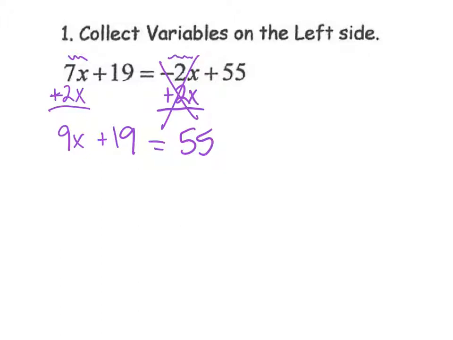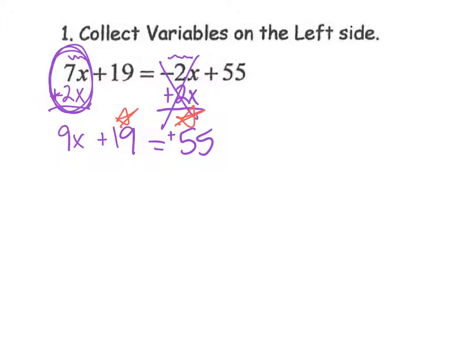I wouldn't put a plus sign in front of it because I already know it's positive. Question: I thought you were to get both variables together. We did. Right here, we got the 7x and the 2x together. Now my job is to get the 19 and the 55 together. This is what we did on Tuesday. So plain old numbers.